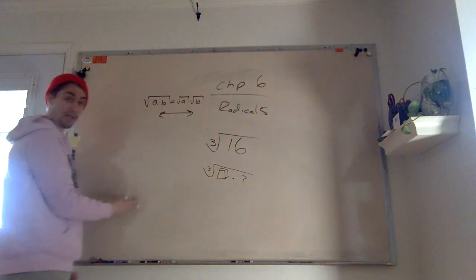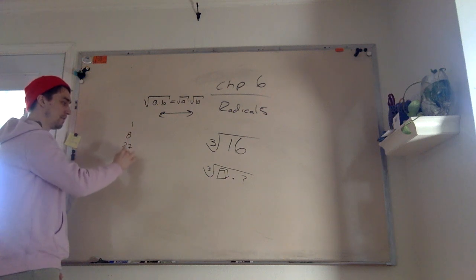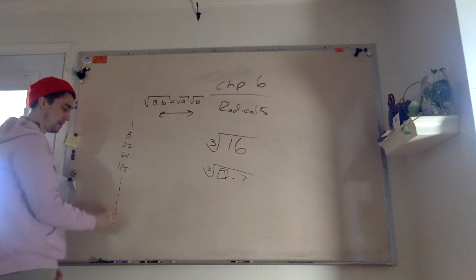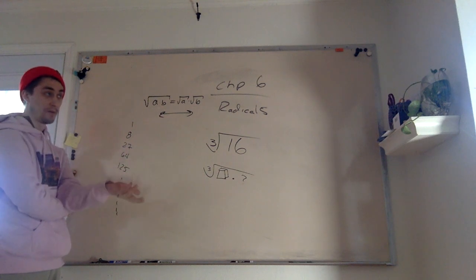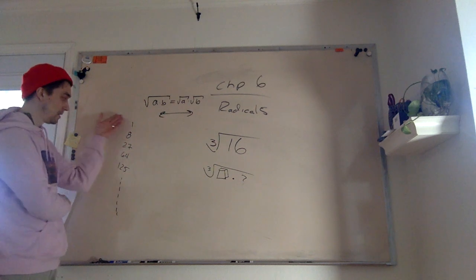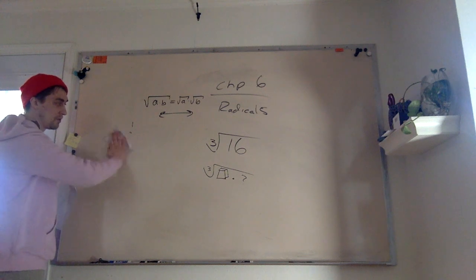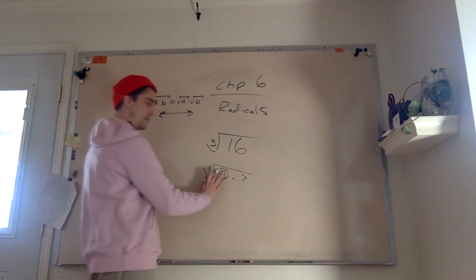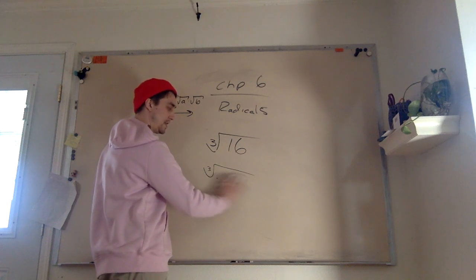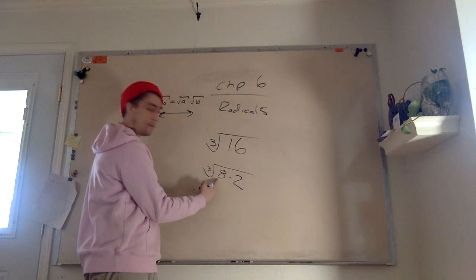Right, so it's nice to have a list of perfect cubes: 1, 8, 27, 64, 125, probably up to the first 10, maybe even the first 15 perfect cubes listed out, so that you can refer to them as you're doing problems like this. So what I would do here is break 16 into 8 times 2. And that's because 8 is a perfect cube.